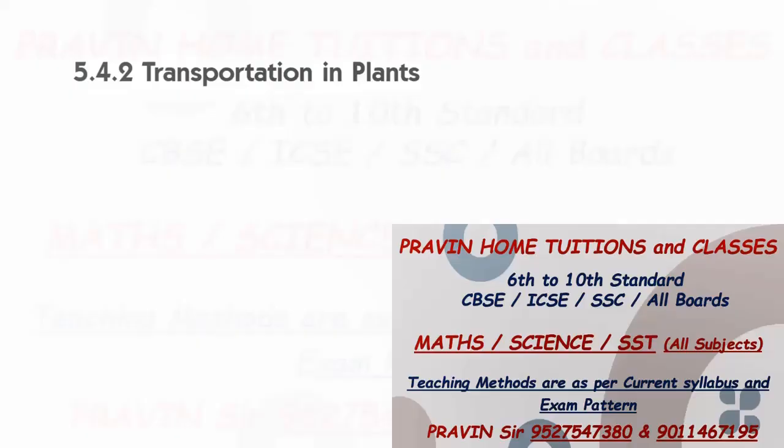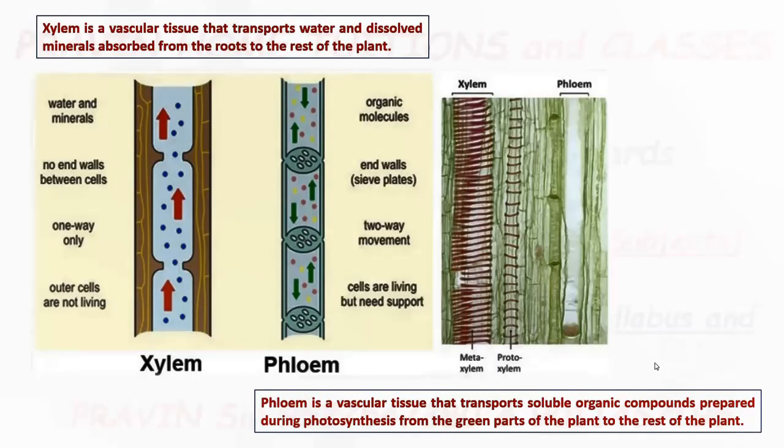This transportation in plants takes place by two different tubes. One is xylem and another is phloem. This is the structure of xylem and phloem, and here I have shown how movement takes place.